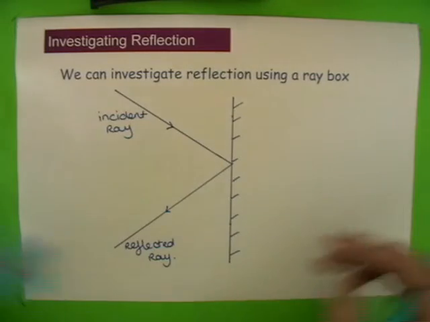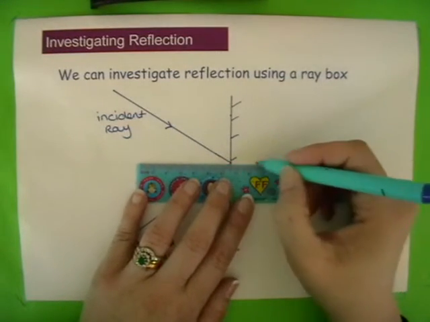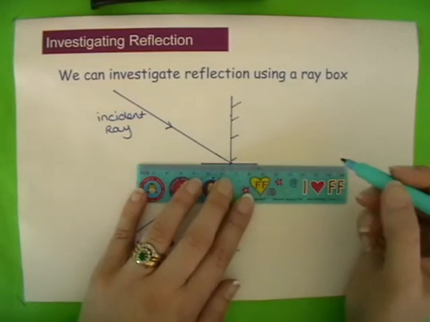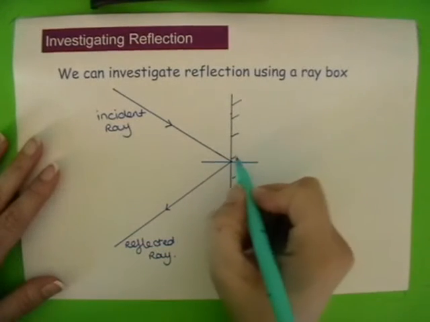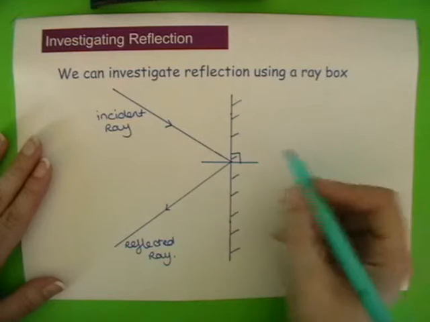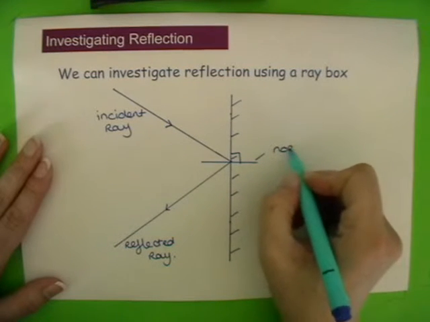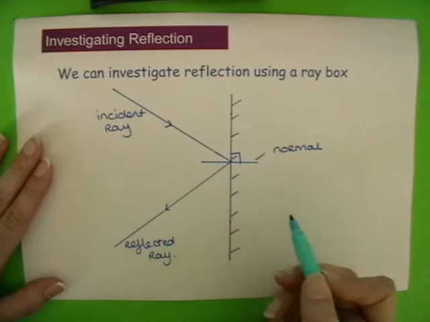Where the ray meets the mirror, we draw a normal. To draw this normal accurately, you use a protractor and ensure that this angle is 90 degrees. So a normal is a line perpendicular to the surface which is reflecting.